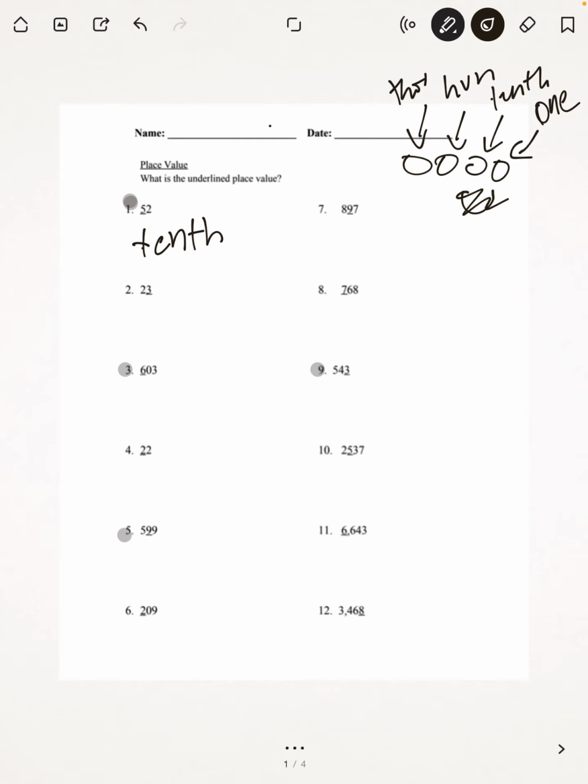So the 3 is in the ones place, 0 is in the tens place, and the 6 is in the hundreds place. 599. The 9 is in the ones place, the second 9 is in the tens place, and 5 is in the hundreds place.